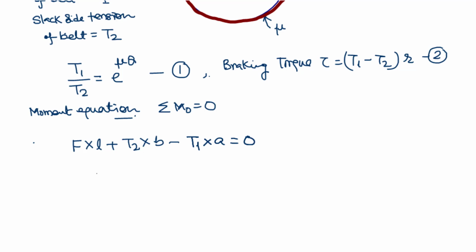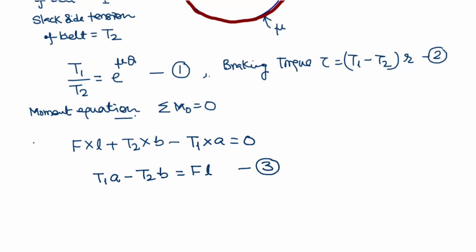Or we can write T1 into A minus T2 into B equal to F into L. This is equation 3.